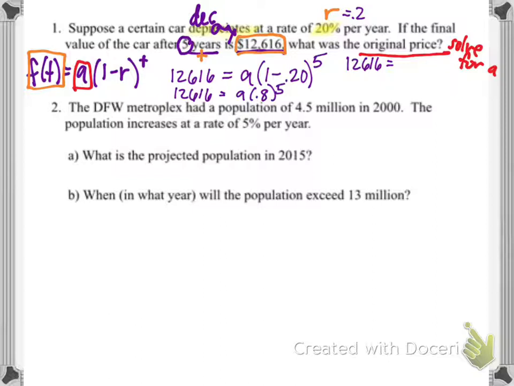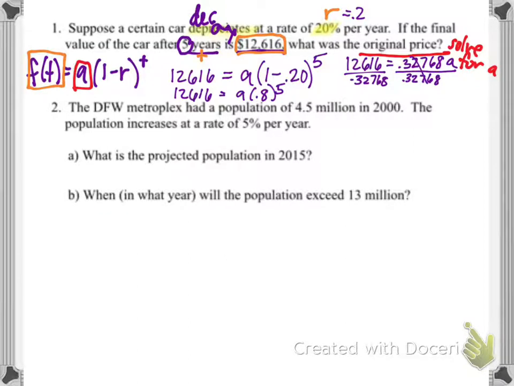Then I plug 0.8 to the 5th power in my calculator, and you get 0.32768 times A. Then I divide each side by 0.32768.